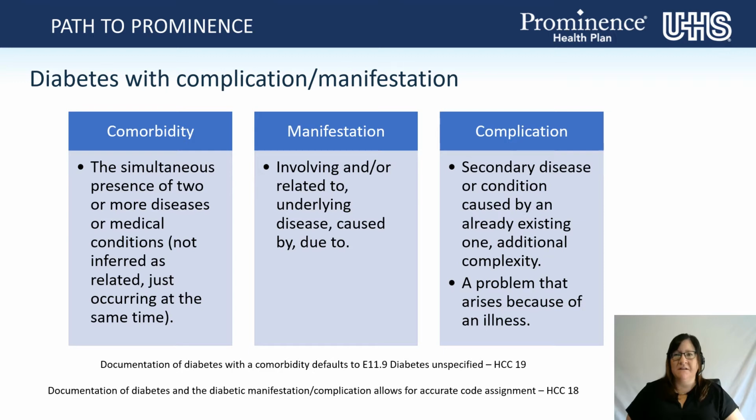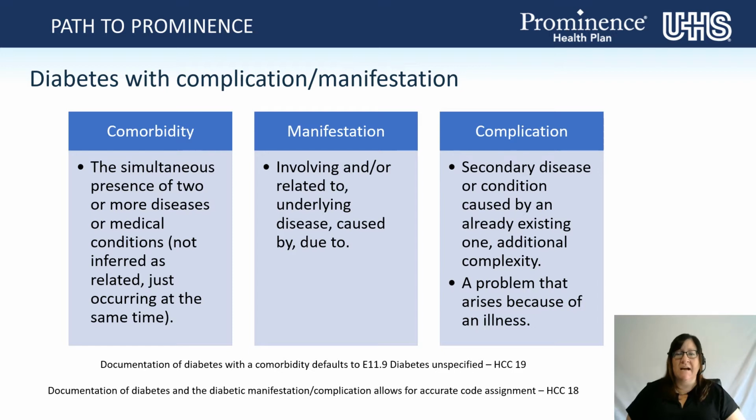Many times in the clinical documentation, we'll see verbiage such as diabetes with a comorbidity of said condition. A comorbidity is the simultaneous presence of two or more diseases or medical conditions. It's not inferred as related, they're just occurring at the same time.